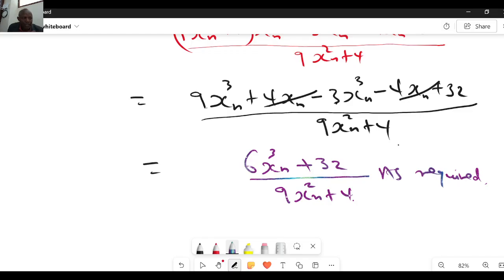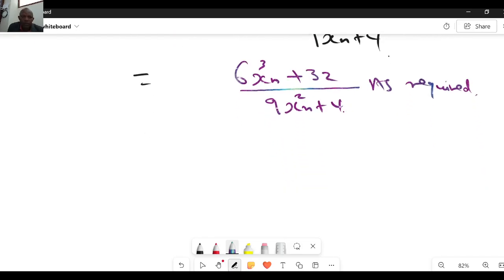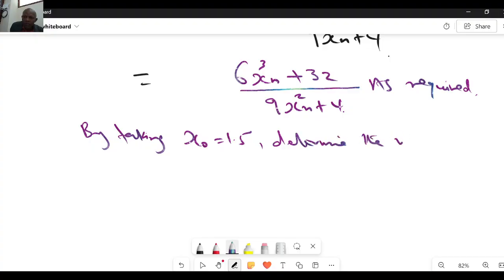Now, by taking x0 as 1.5, we can determine the root correct to 4 decimal places.